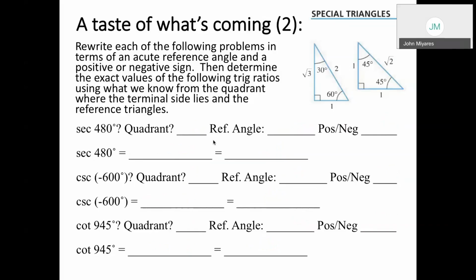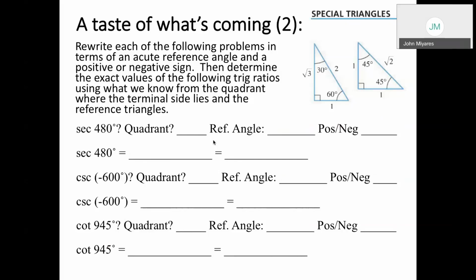Additionally, the ASTC pattern that we talked about, all skiers take chances, all sine, tangent, cosine, that we use to determine the sign for the trig ratios, only applies to sine, tangent, and cosine, not the secondary ones.